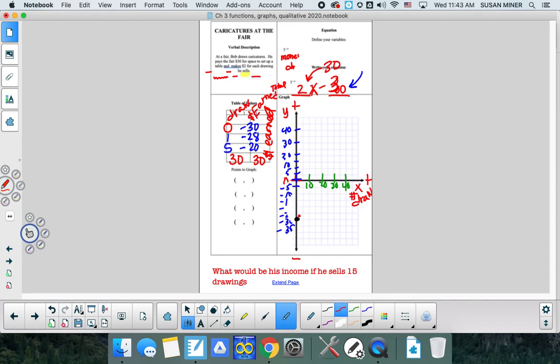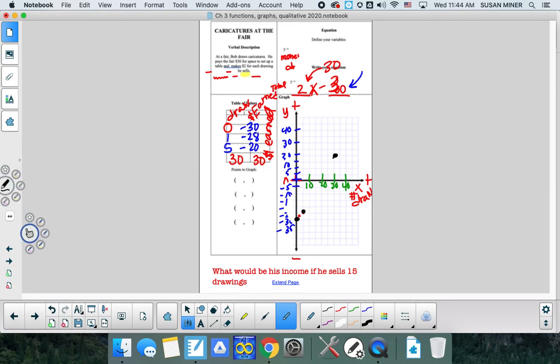Okay. Then we said, well, what about if I sell 5 drawings? 5 drawings only got me up to here. And then we said, well, what if I sold 30 drawings? So my X was 30. And then finally, my Y was $30 up here.